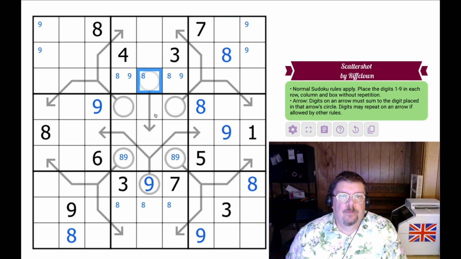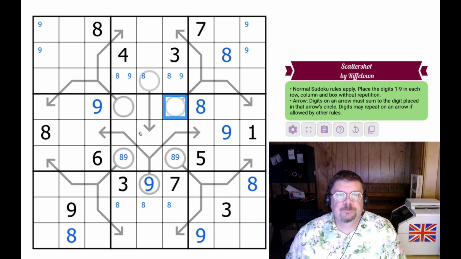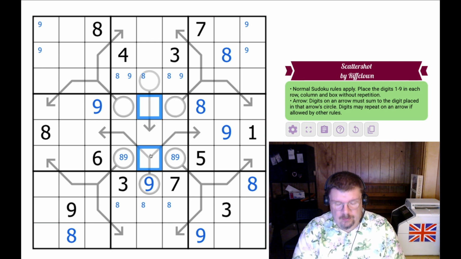All right, 1 can't go into those 2 because obviously these arrows do not add up to 1. It doesn't go in those 3, so this is a 1 in one of those 2.